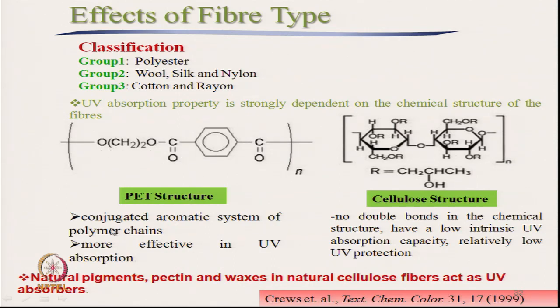So, if we see the type of fabric fiber here, it is PET. Due to its conjugated aromatic system, the UPF value is high for polyester, whereas in the case of cellulose this is absent. So, for cellulose the UPF value is less, but natural pigments, pectins and wax in the natural cellulosic fibers act as UV absorbers.